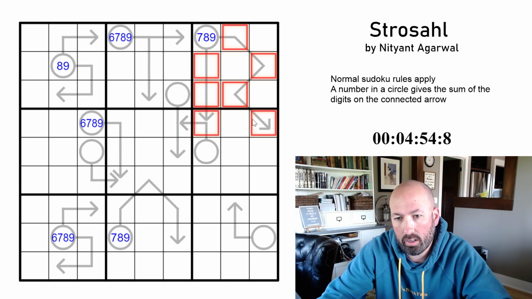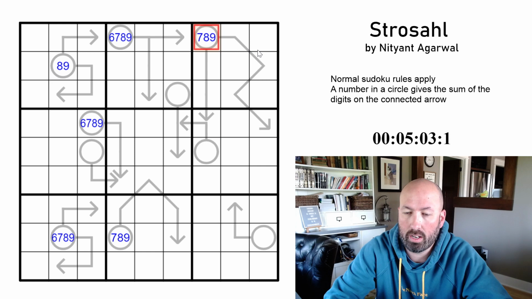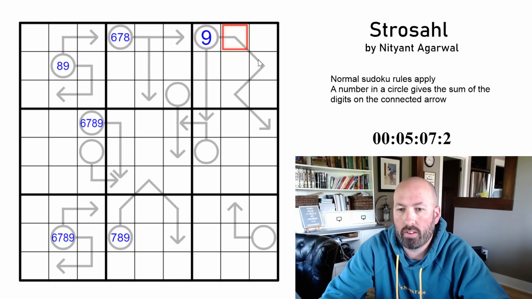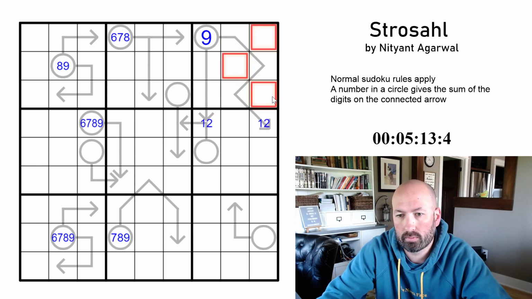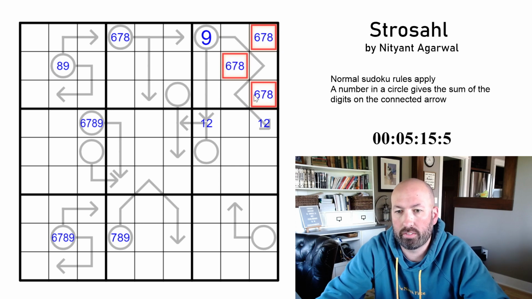The minimum here is 3, because you could do a 1 and a 2. So 15 and 3 is 18. So the minimum is 18. This has to be a 9. And in fact, these have to be 1, 2, 3, 4, 5, and these have to be 1 and 2. Which means these are 6, 7, and 8.